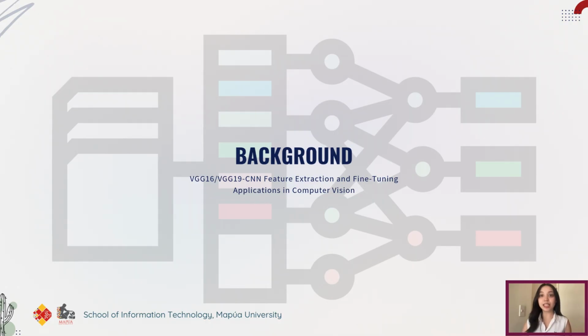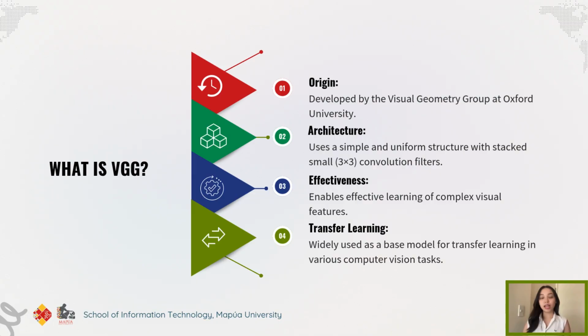Their simplicity and depth made them an ideal reference architecture for future models, and they have since been incorporated into countless research projects and commercial applications. Their success also helped establish the practice of using pre-trained models for transfer learning, a technique that we'll explore in more detail later.